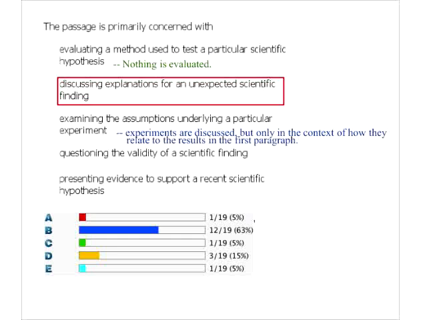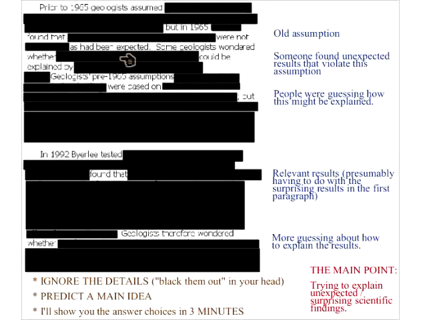Questioning the validity of a scientific finding? Absolutely not. The validity is not questioned at all. Like, they found that this was, your scientific finding is that, right there. In 1965, somebody found that something was not as expected. That is not questioned at all in this passage. The passage finds a bunch of possible ways to explain that, like this might be true because of this, it might be true because of that.